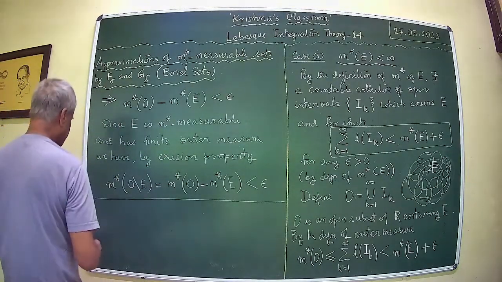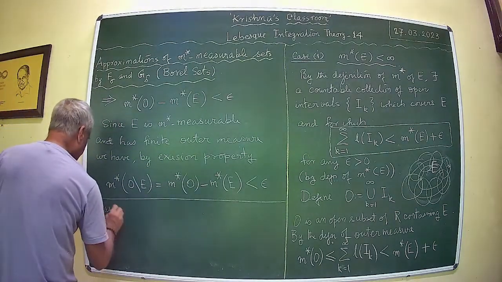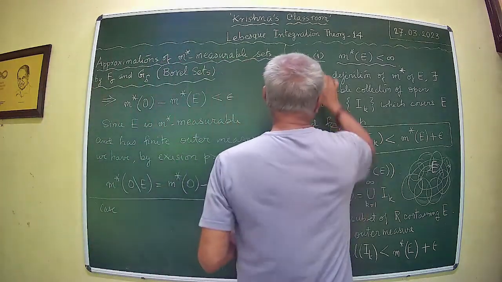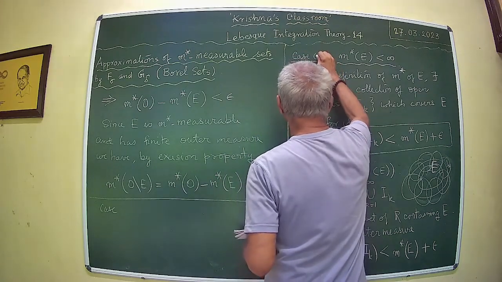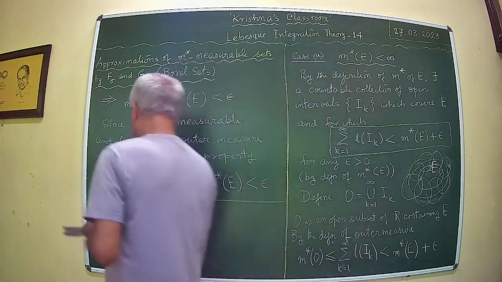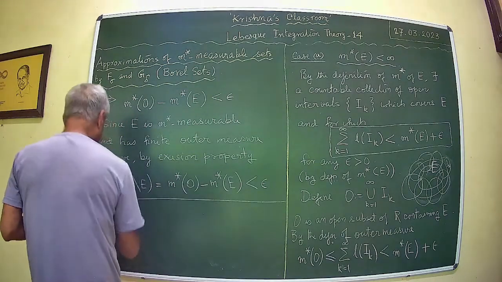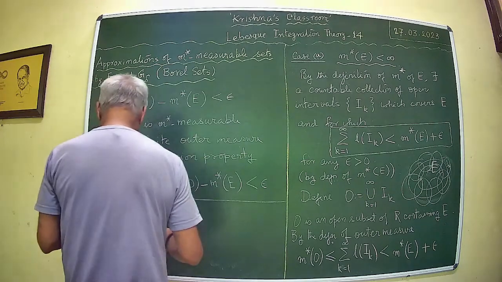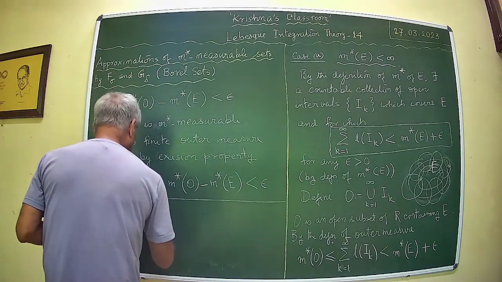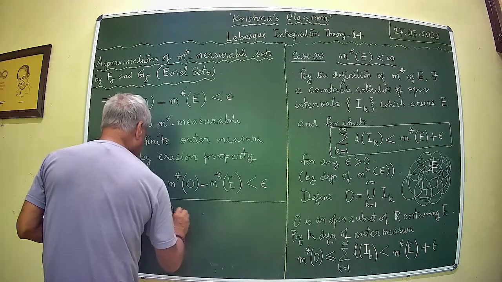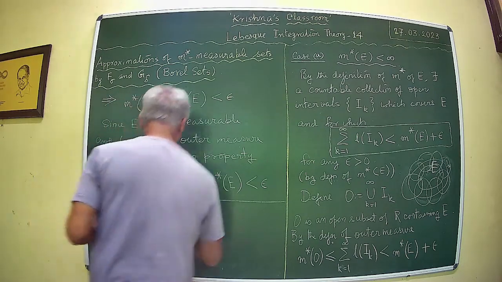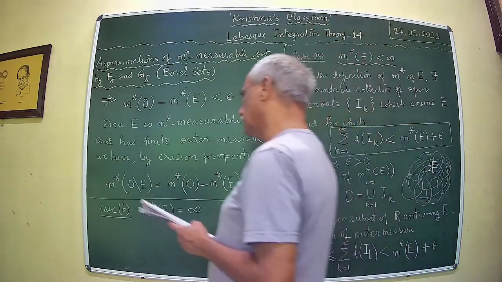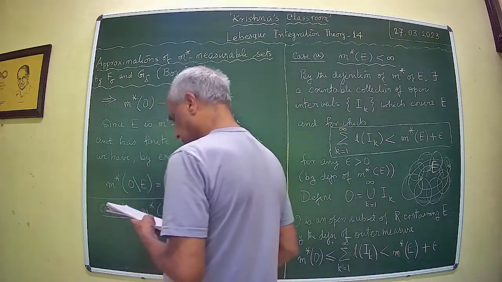Now we take case B. Assume that E is measurable and M star of E is infinite.